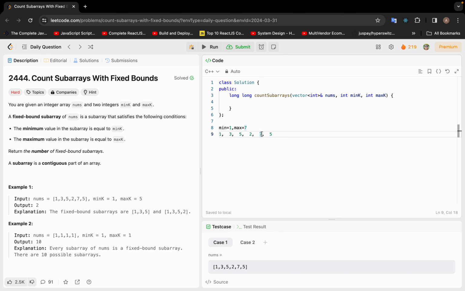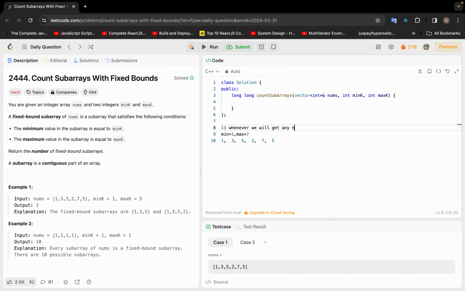So whenever we get this 7, or something like 0, it also affects my min value, so it cannot be included in any subarray in my answer, either on the left or the right. So here we can think of one approach: whenever we get any number greater than maxK or less than minK, which are given, then we split there.